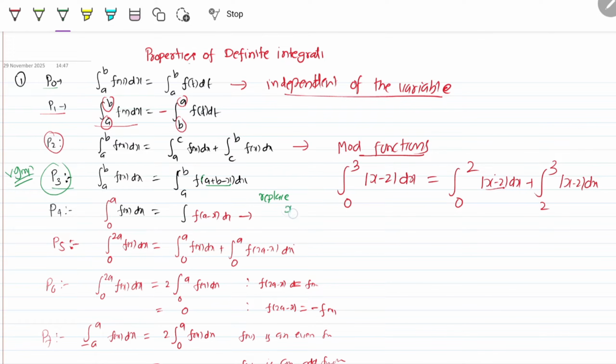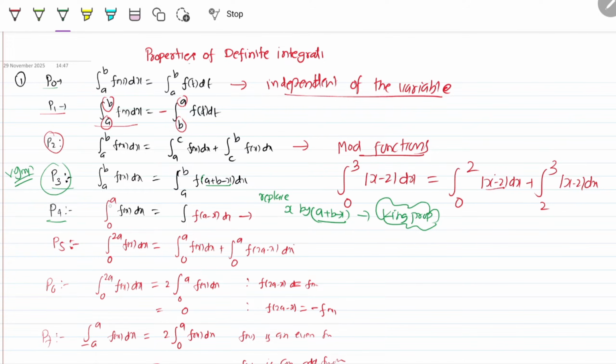It means you can replace x by a plus b minus x, and your integral will not be changed. Usually we call this property the king property in competitive exams. It is very useful.